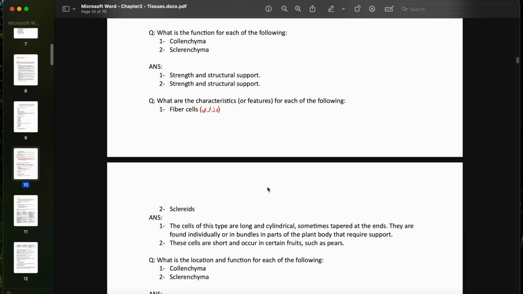They're found individually or in bundles in parts of the plant that require support. So this is the location of the fiber cell. And the sclereids, the characteristic or feature of sclereids, they're cells that are short and occur in certain fruits such as pears.